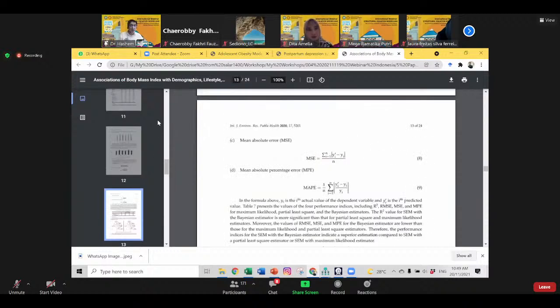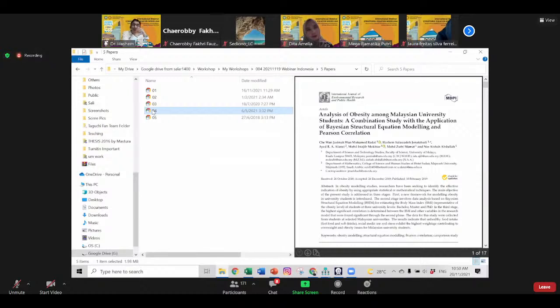But with the last two papers, as a statistician, you can come up with a better idea, with a combination of structural equation modeling with other simple methodology, right? I give you an example.